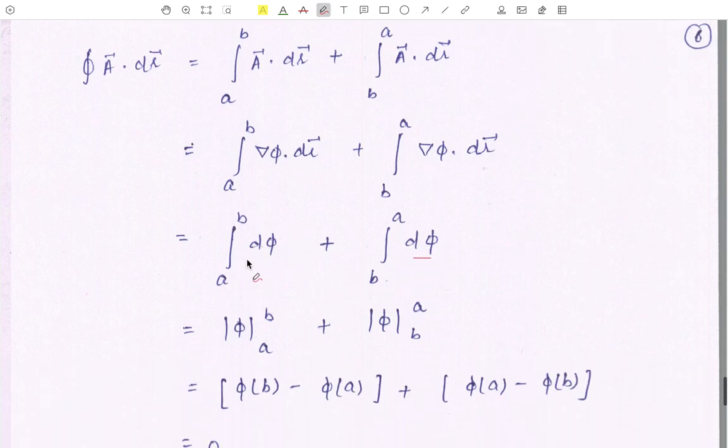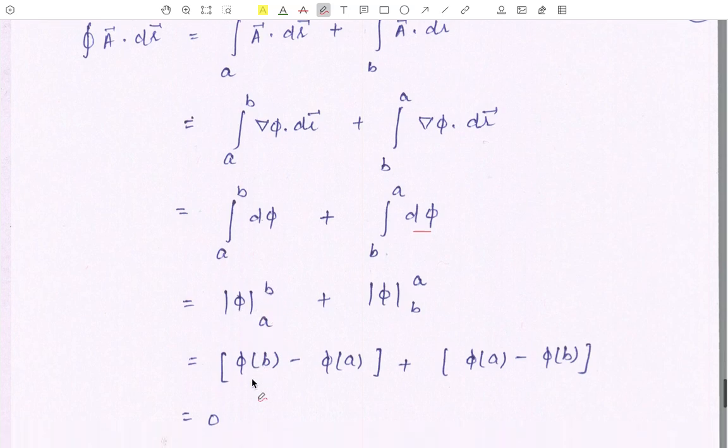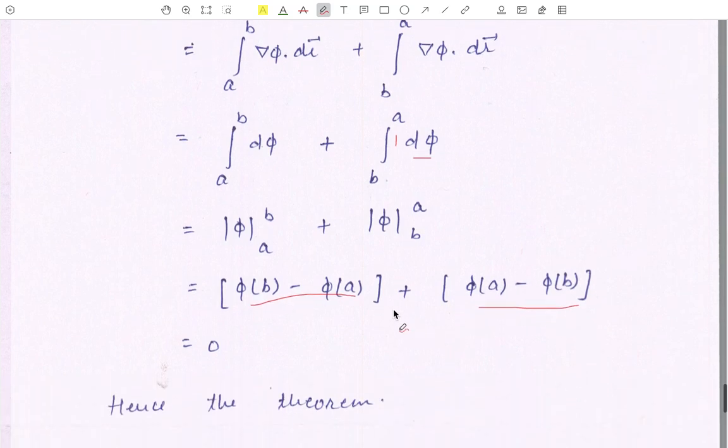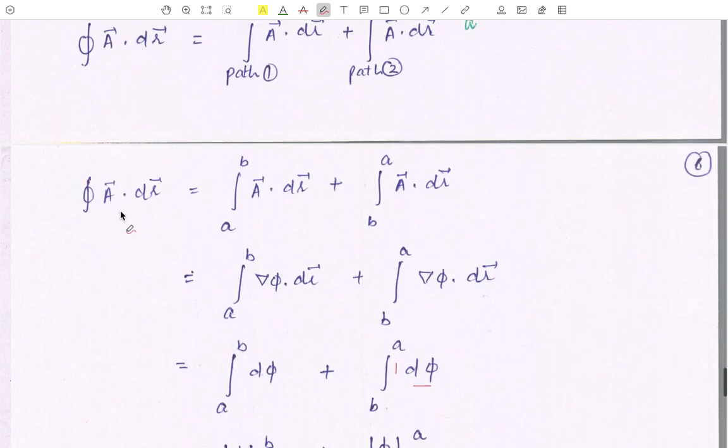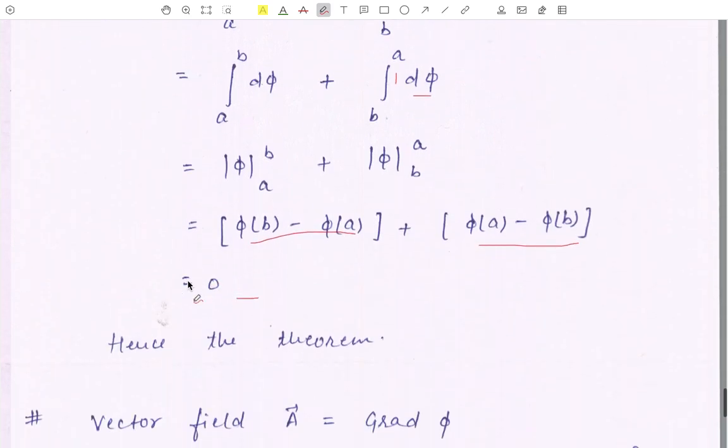On integration, d phi is phi, limits A to B, putting the values phi of B minus phi of A, plus here again integration of d phi is equal to phi between the limits B to A. Using the limits here, phi A minus phi B, we get phi A cancels out phi A and phi B cancels out phi B, that is equal to 0. This is the closed path integration of this A vector, and that is equal to 0. Hence again our theorem is proved.